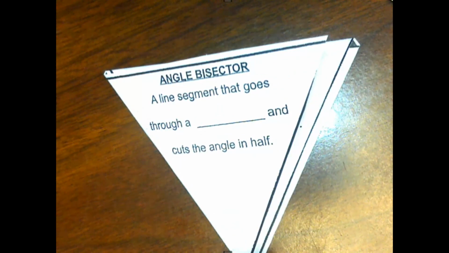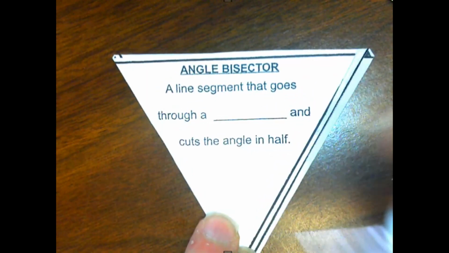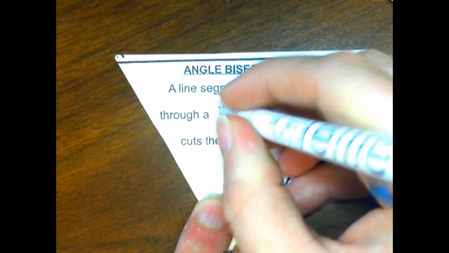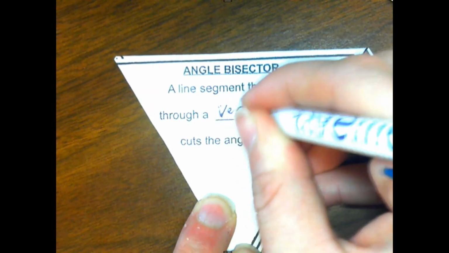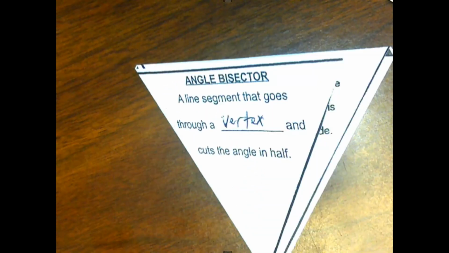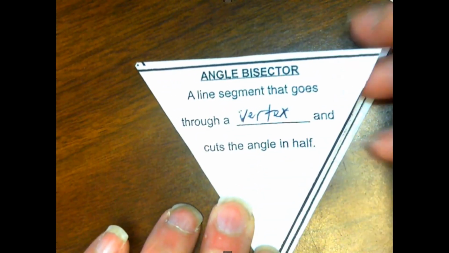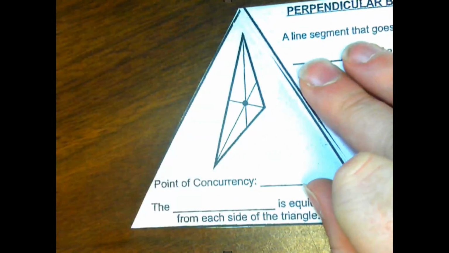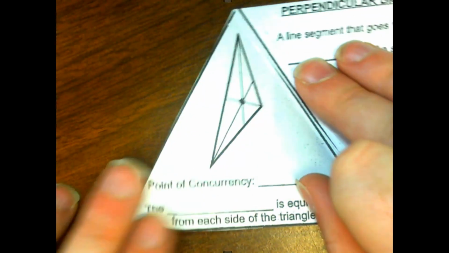So just a reminder that angle bisectors are line segments that go through a vertex and cut the angle in half. So the angle bisector goes through the vertex and cuts the angle in half. On the other side from there, you'll find this triangle. So this is a point of concurrency that is called the incenter.